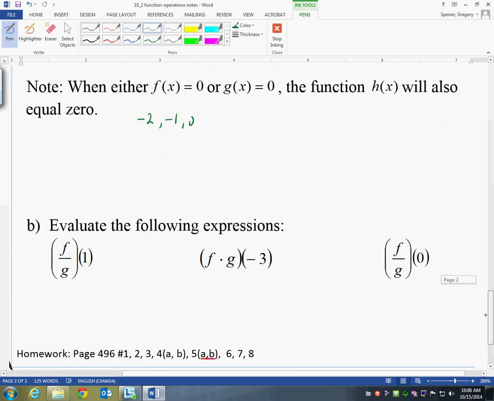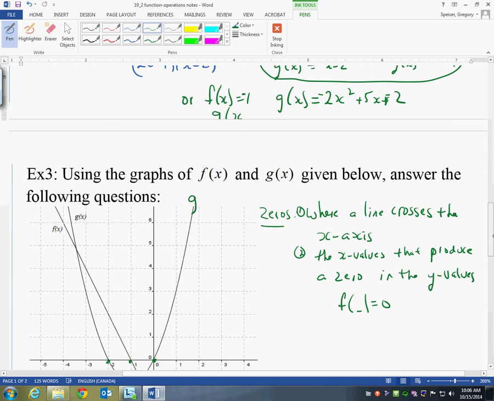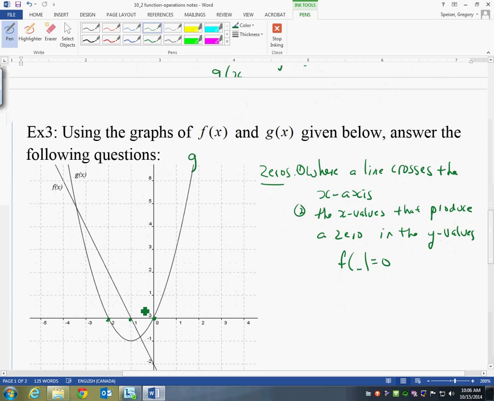Evaluate the following expressions. F over g at 1. So this is going to be the same thing as f of 1 divided by g of 1. So what does this mean? I plug in my x value at 1, and I find out what my y value is, and I put it in the numerator. Okay, so at 1, I'll switch to blue so we can tell the difference.